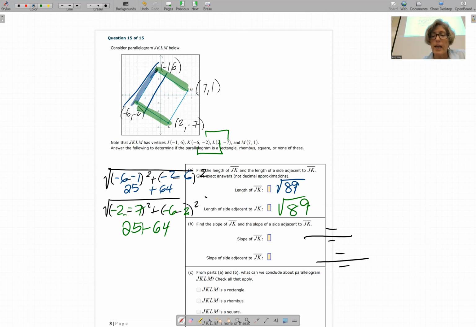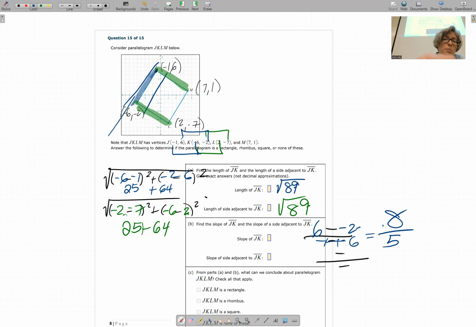Slope of JK, y minus y, x minus x, slope of what's next to it. So for JK, y minus y, that is 6, -2, x minus x, -1, -6. It's 8 over, double negative makes a positive, 5.